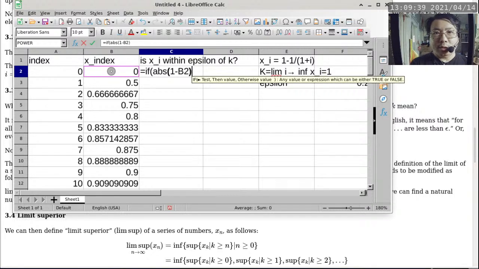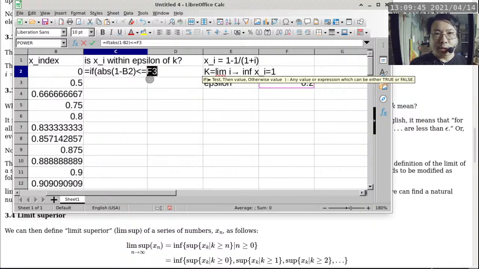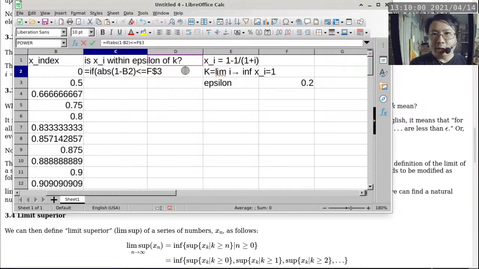If this is less than or equal to the epsilon that we have chosen here, which is F3, and I have to change this so that it refers to the row number in an absolute way, F$3, so that it doesn't change. That is basically what we're trying to figure out. And I don't actually need the IF, so I'm going to get rid of it, because this is going to give me a Boolean value to begin with.